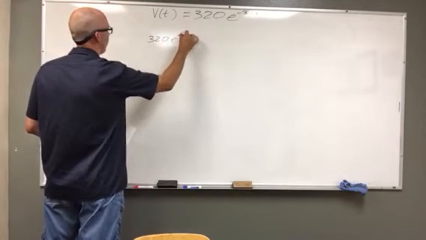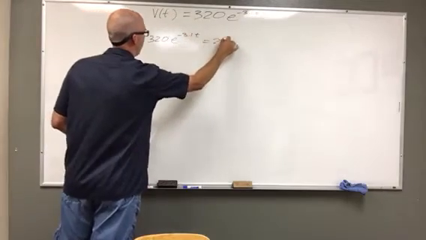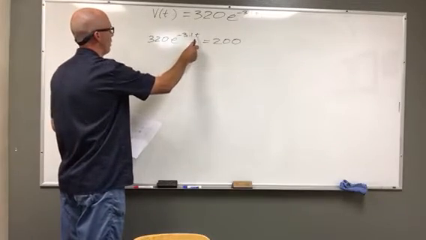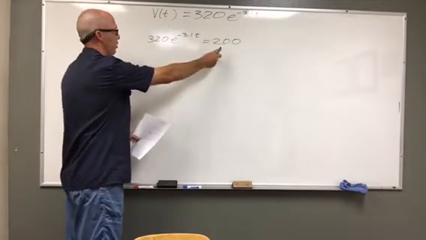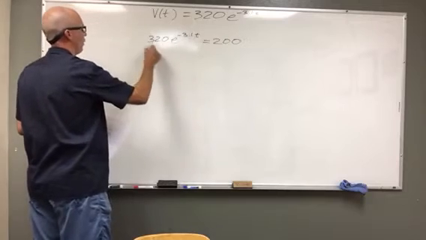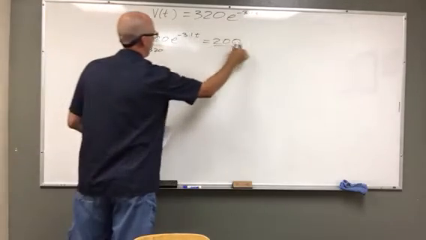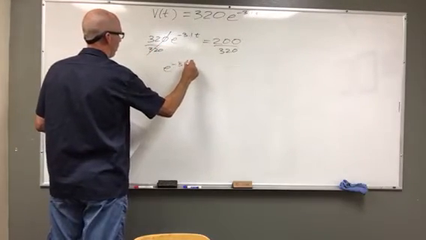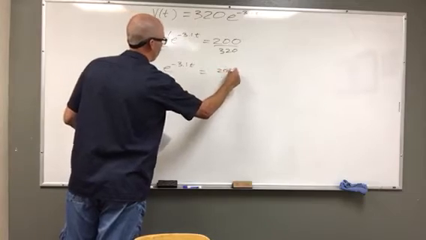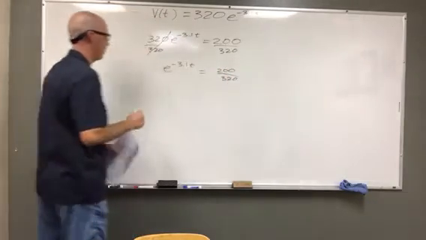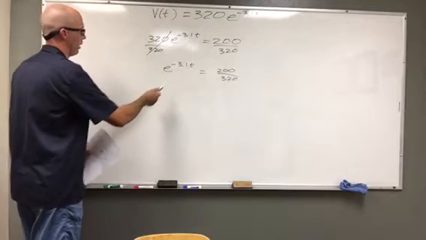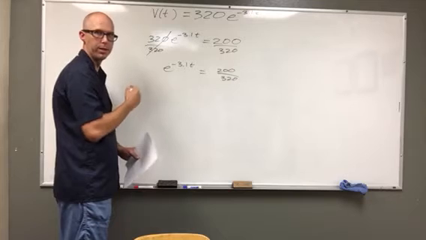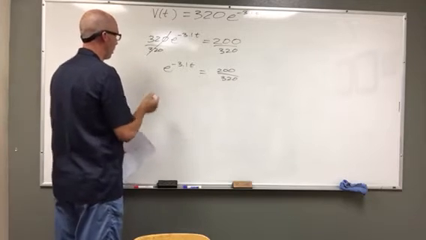Okay. All right. So 320 e to the negative 3.1 t equals 200. And when we solve for t, this will tell us the exact time that the voltage is 200. Okay, so let's see, divide both sides by 320: e to the negative 3.1 t equals 200 over 320. To get the t out of the exponent, we use natural log. Natural log undoes the e, the exponential.